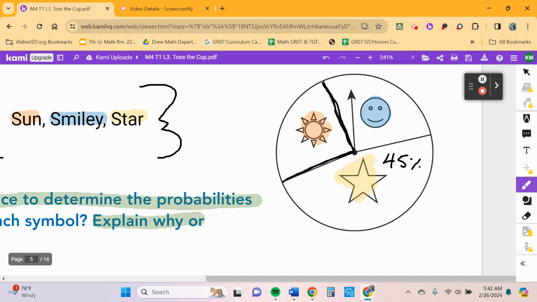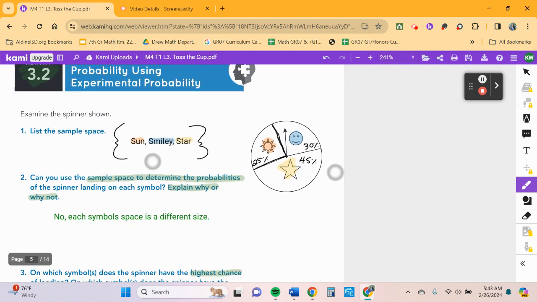So I'm going to estimate about 25%. And then whatever's left over, I'm going to guess is my smiley face. So 45, 25, that gives me about 30% left over.